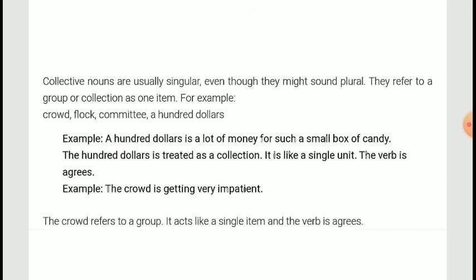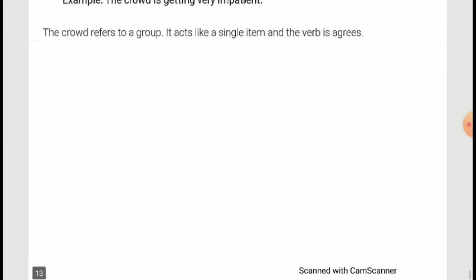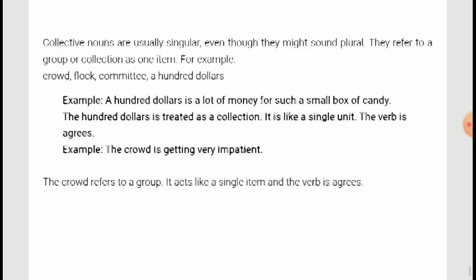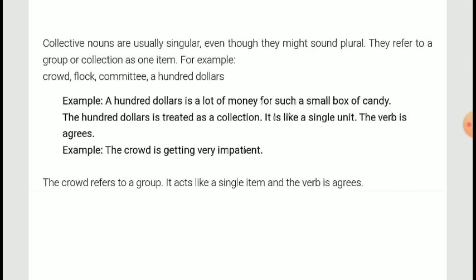In this sentence, the $100 is treated as a collection, like a single unit with which the verb agrees. Another example: the crowd is getting very impatient. Here, the word crowd is a collective noun, so you have to use the verb is with it. The crowd refers to a group, it acts like a single item, and the verb agrees. Hope the subject verb agreement is clear to you.